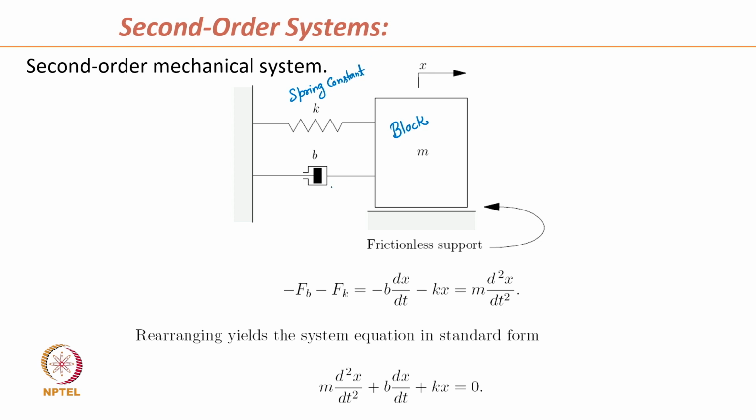It is also connected to a damper where the damping coefficient is B. And this block is on a frictionless support where it is free to move in this direction, and the other side is connected to a fixed wall.